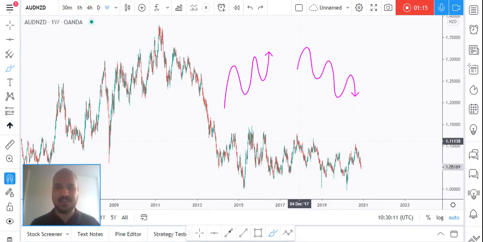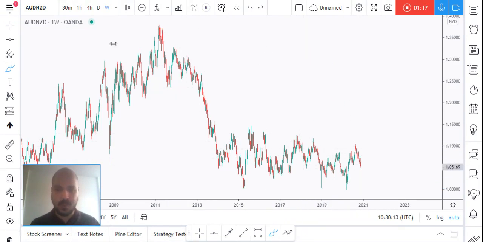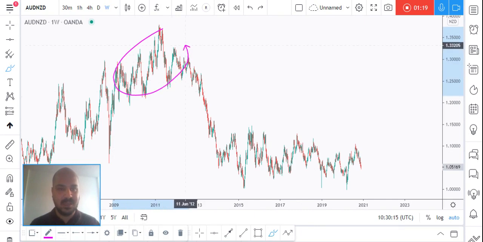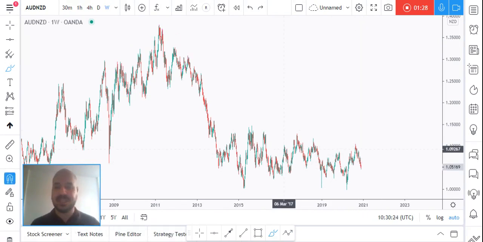So let's get started with a previous example first, and then we will go over the actual price to know where we stand in the market and what we will be expecting for the next couple of days or even weeks.